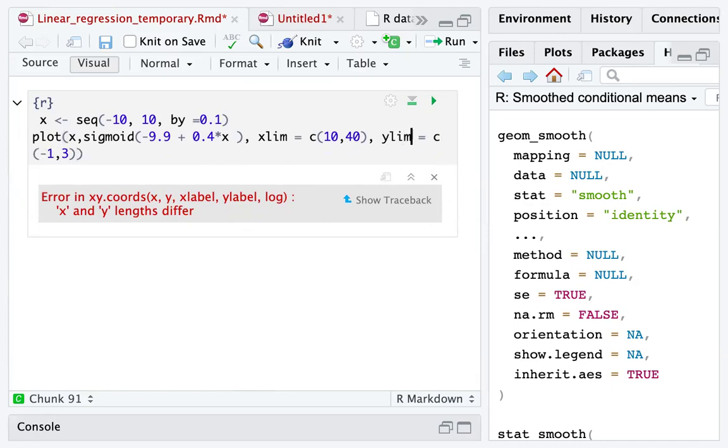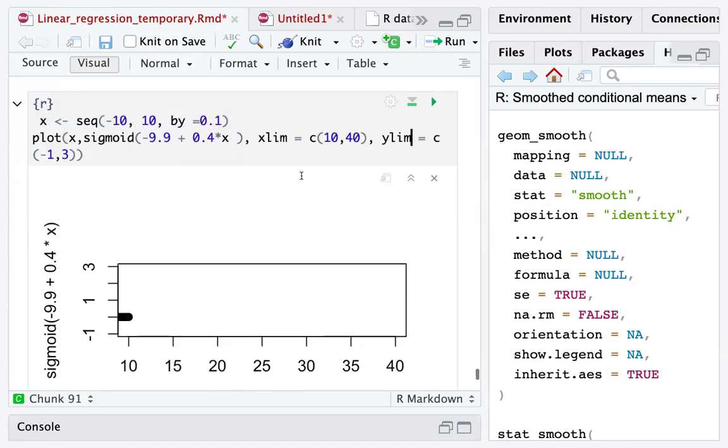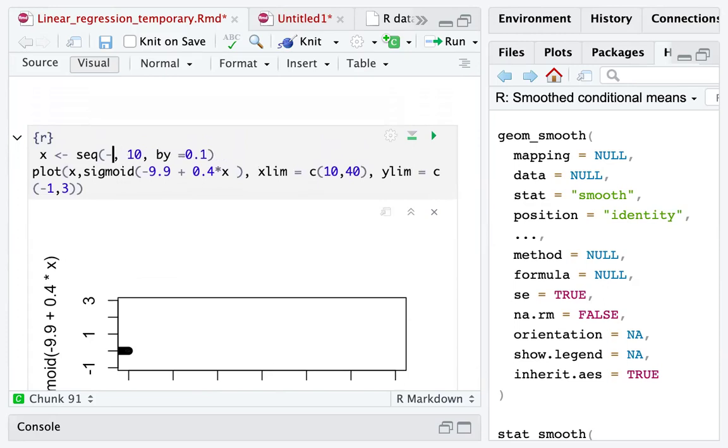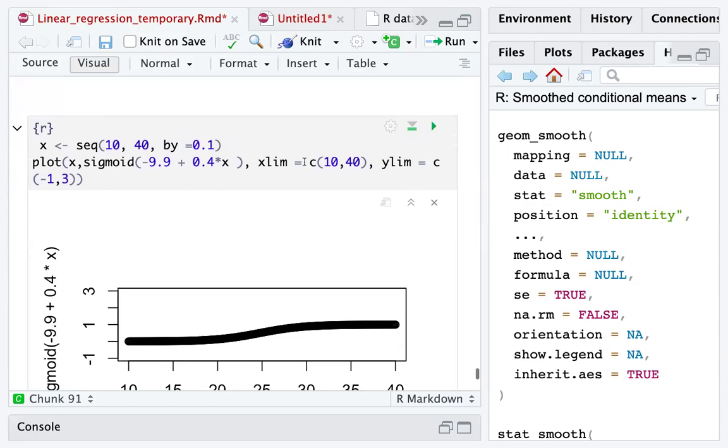Y lim. And of course, I have to sample from 10 to 40. And it should be this one, but let me type it.